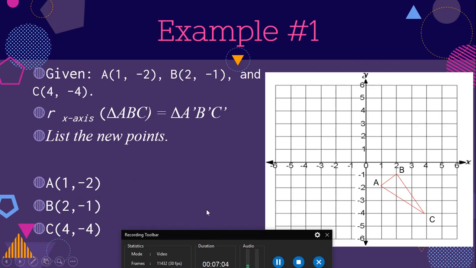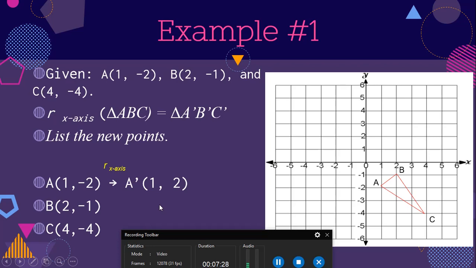Whenever we do a transformation, we complete what's called a full mapping. We always list the 3 original points vertically, and then we go ahead and apply the rule. So we put the rule above the mapping arrow, and then you tell me where A prime is located. The rule says x stays the same, y changes to its opposite.